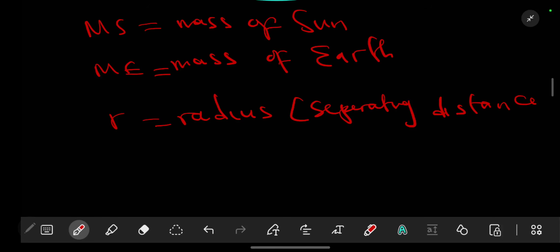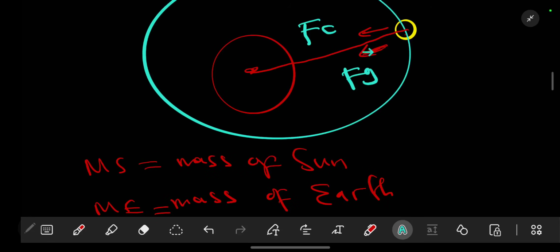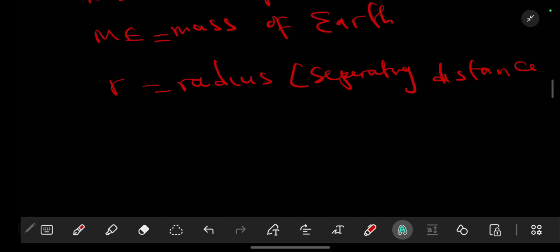So now to derive, the gravitational force and the centripetal force, because they are acting towards each other, can be equated. So we are going to say the force of gravity, or rather the gravitational force, should be equal to the centripetal force.